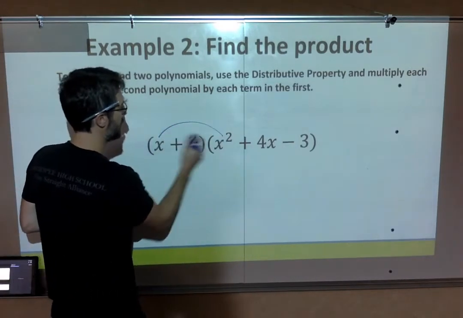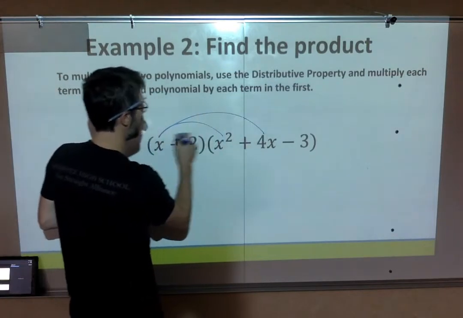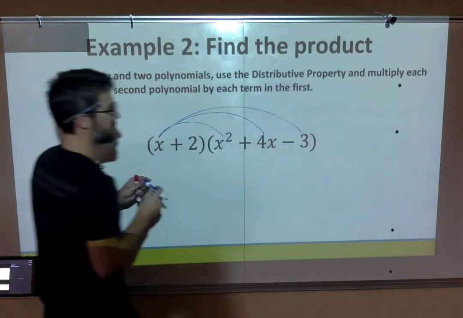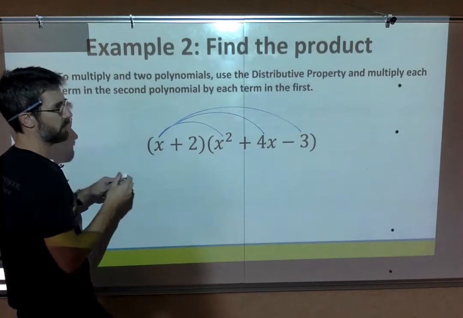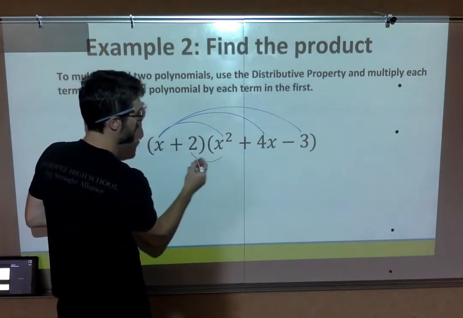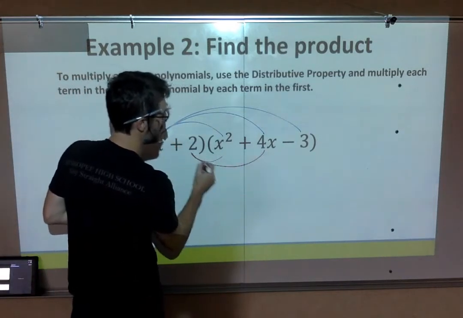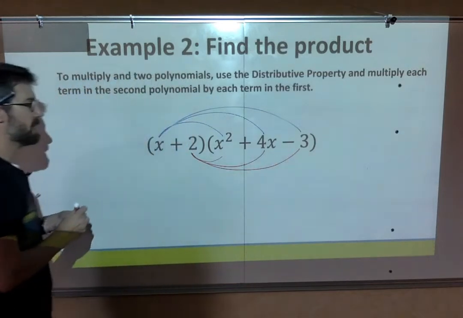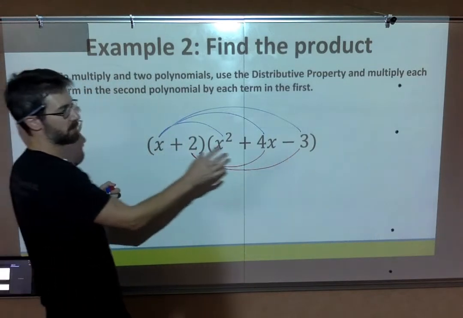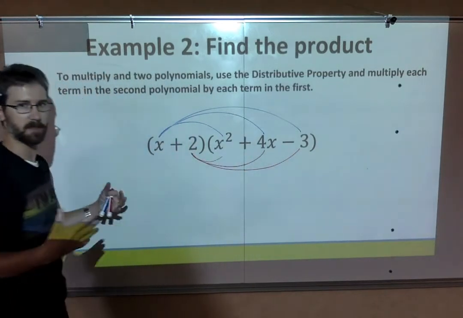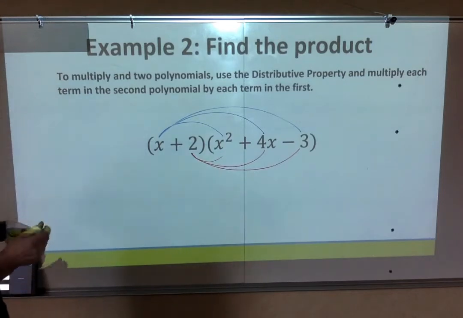So FOILing, we would bring the first to all 3 terms. And then we would bring that second one, also distribute it to all 3 terms. And what this ensures is that each part here is getting multiplied by each part there. That's how multiplying multi-term pieces works.